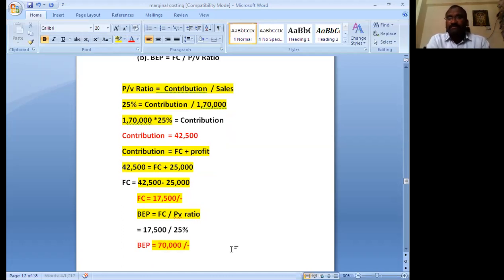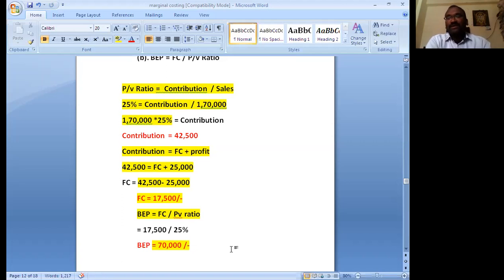That means if you sell 70,000, you get no profit and no loss. Break-even point is nothing but no profit, no loss. If your sales increase beyond 70,000, you get a profit.